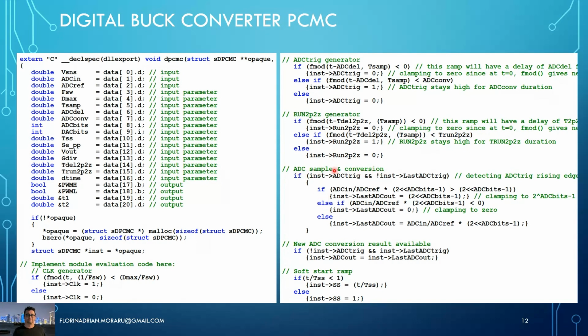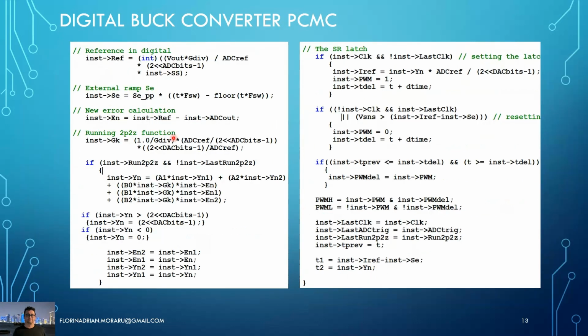We have then the ADC sample and conversion, and at this point we make the new ADC conversion result available. Then we have the soft start ramp implemented. We are then calculating the reference in digital. This is the external ramp, and we are calculating the error that will be the input for the digital compensator.